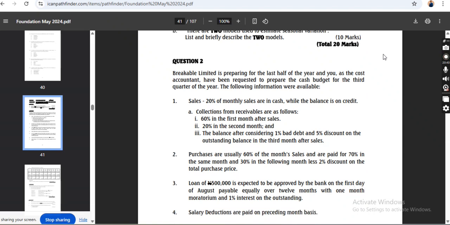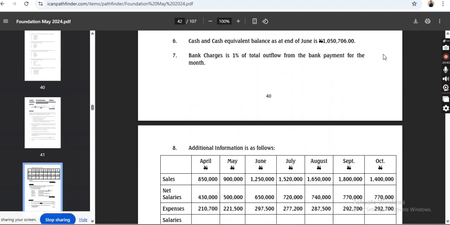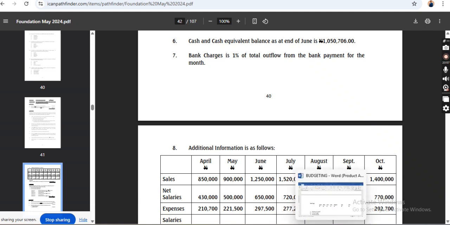So we can now go back and say, what is the sales? Just give me figures. You have the question, right? Check the platform quickly. April is 850.